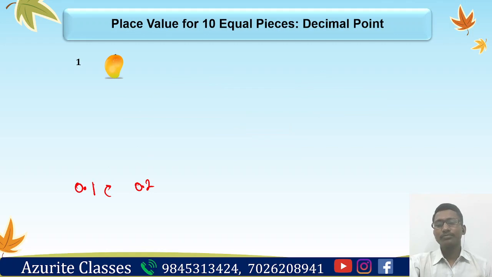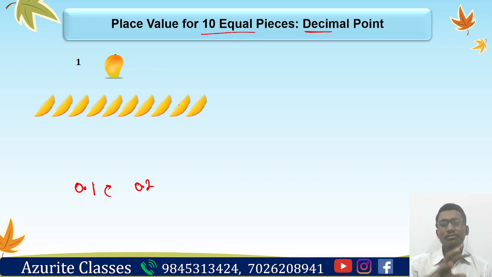So here, if you see, one mango is there, right? It is divided into how many pieces? 10 equal pieces for the decimal system, right? So let us divide it into 10 equal pieces. So there are 10 pieces now. Now if I take one piece, how do we write it?